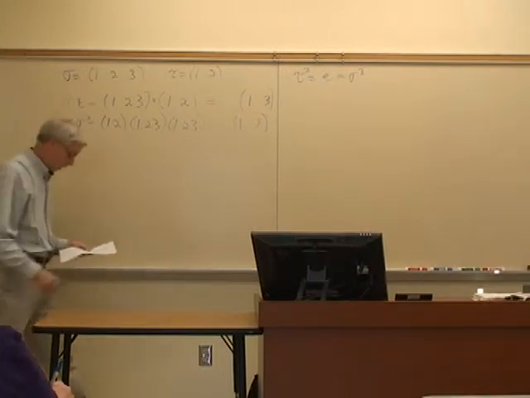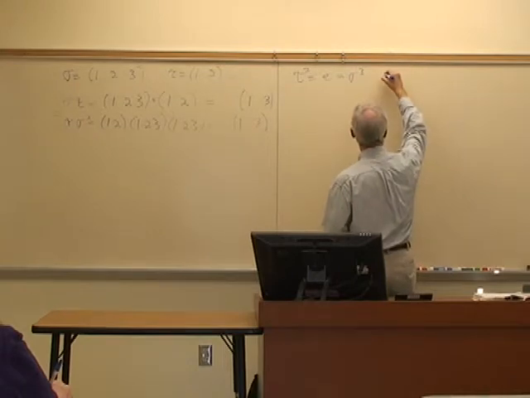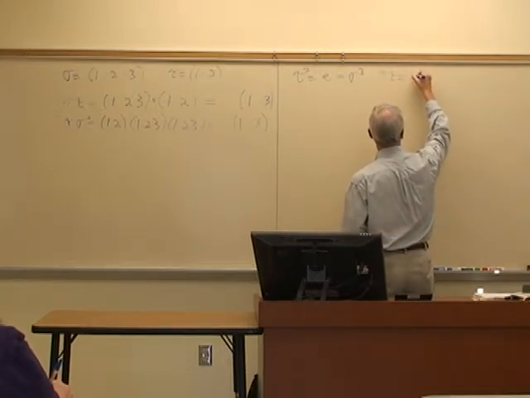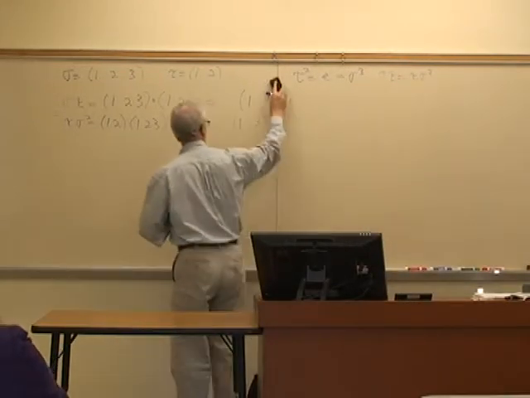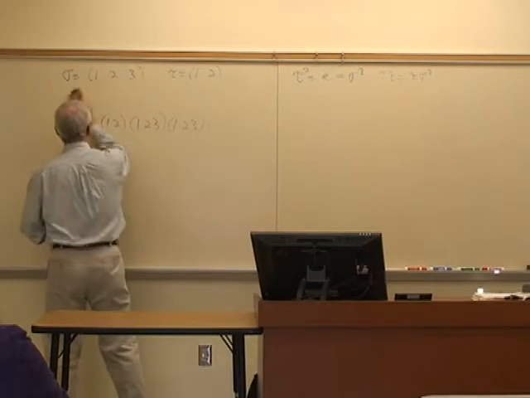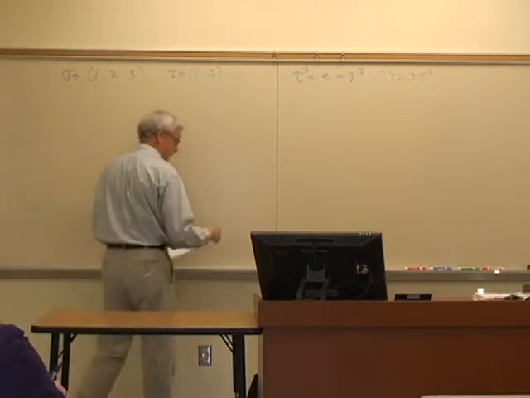And now we've established our three relations. So I'm going to put that relation over here: sigma tau is the same as tau sigma squared. And now let's put up the table and see if we all agree on the Cayley table for this thing.